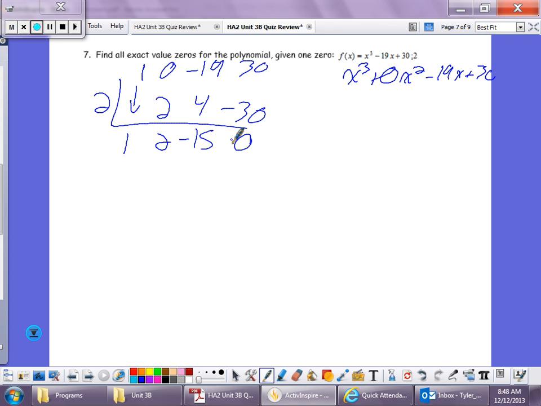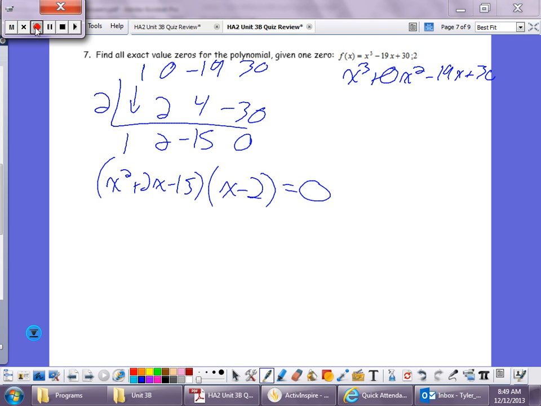Remember, you should always get that 0 there because they give you a 0. If you're given a 0, it's a factor. So you now go down one term from x cubed. So you get x squared plus 2x minus 15 times x minus 2 because 2 is a 0 and you already know that. So you want to set that equal to 0. So now you can factor this here.